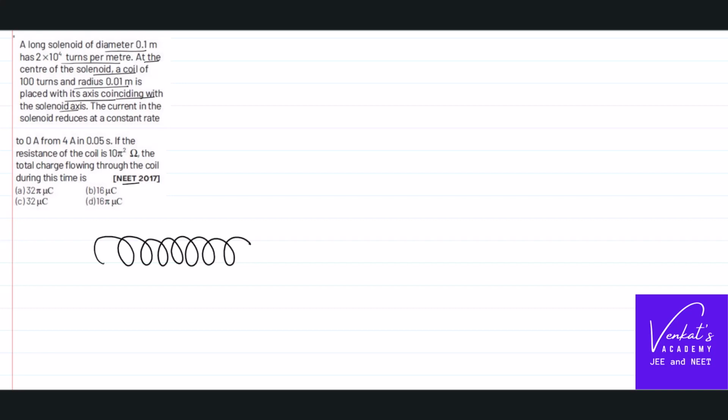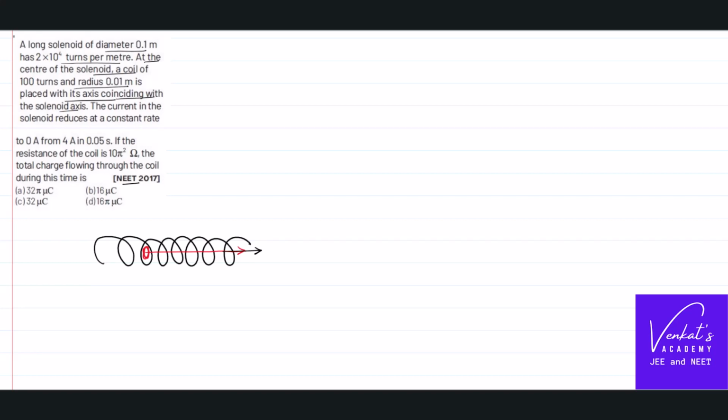He said a coil of 100 turns is placed somewhere here, at the center of the solenoid, such that its axis is coinciding with the axis of the solenoid. That means the coil axis is like this, and the solenoid axis is also like this. Both these axes are coinciding with each other.